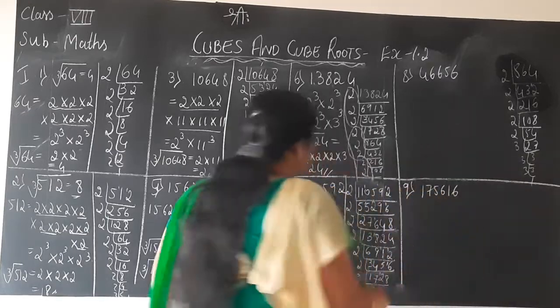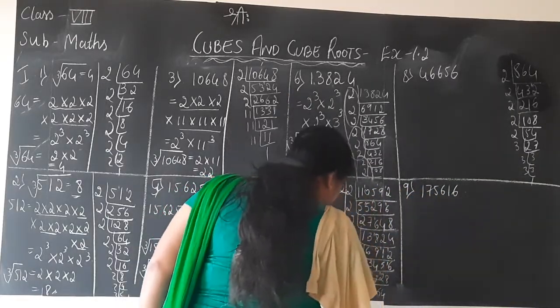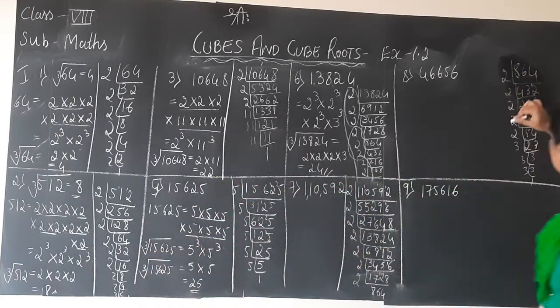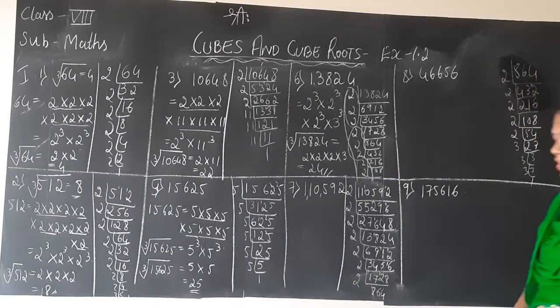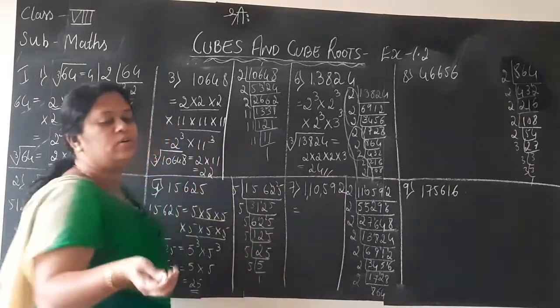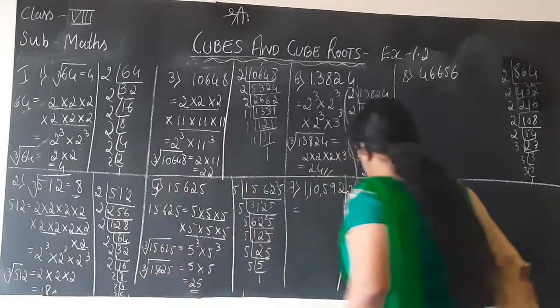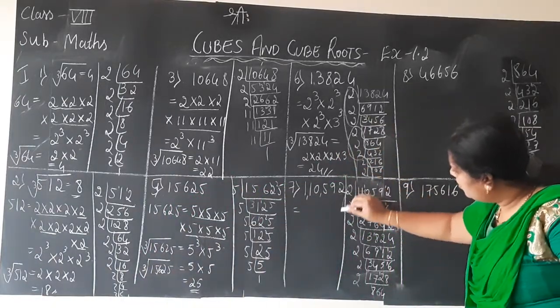Now we should count the number of 2s. 1, 2, 3, 4, 5, 6, 7, 8, 9, 10, 11, 12. 12 2s we got children. So instead of simply writing 2 into 2 into 2 twelve times, I will group the 2s as I did in the previous problem.